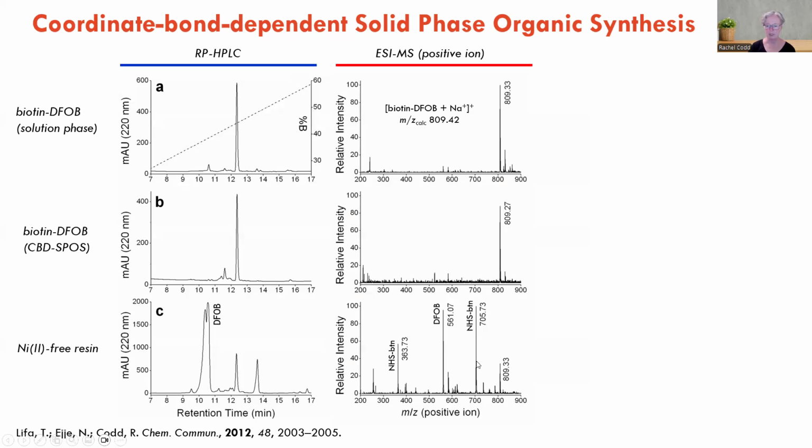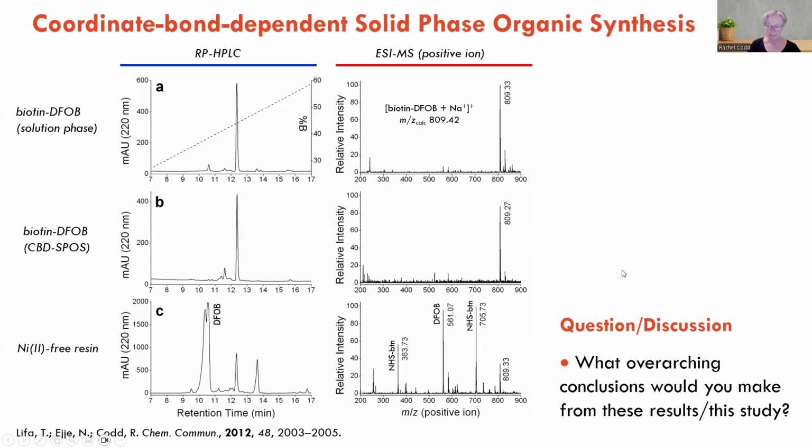So this is going to be the protonated and this is the diprotonated, some unreacted desferrioxamine B, and very low levels of our target compound. So in essence, what these data show is that the coordinate bond dependent solid phase organic synthesis has potential in producing chemical probes of natural bacterial metabolites that have an affinity to a metal ion.